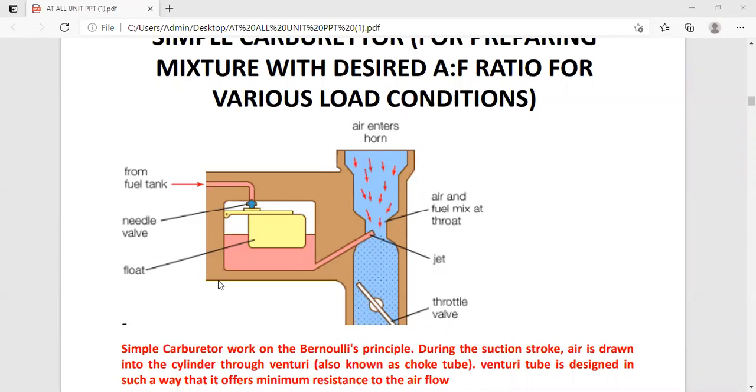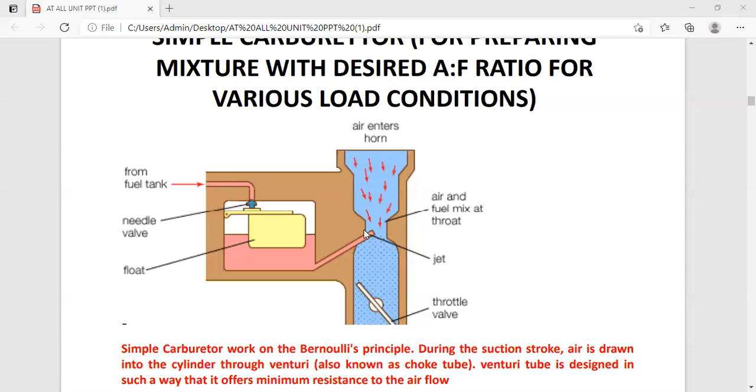When the throttle valve opens, more air flows through this venturi tube, and more quantity of fuel-air mixture is delivered to the engine, and the engine develops more power. In the reverse action, if it is closed, then less air flows and less fuel-air mixture is prepared.